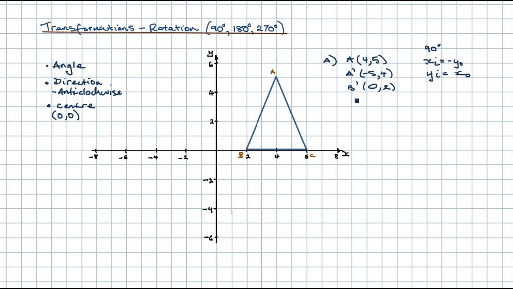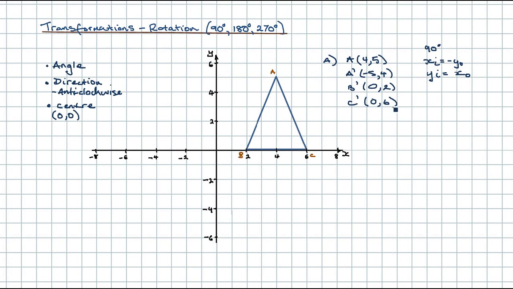Finally, C: again, the y component is 0, so negative 0, which is just 0. And the y component of the image is x, so that is 6.